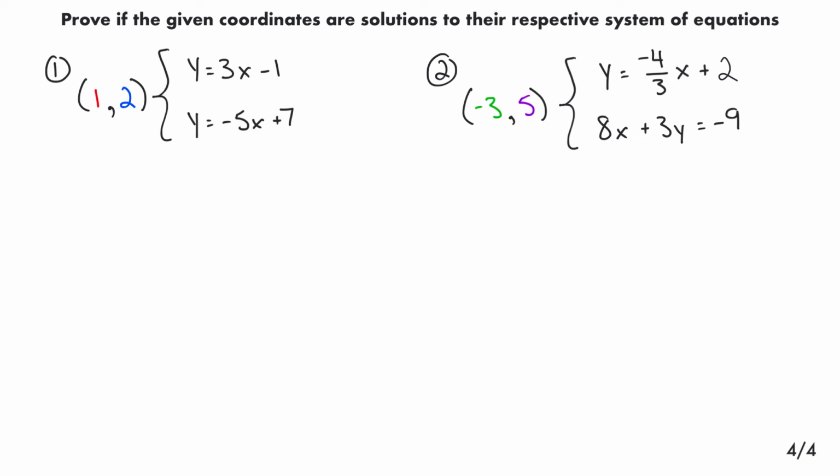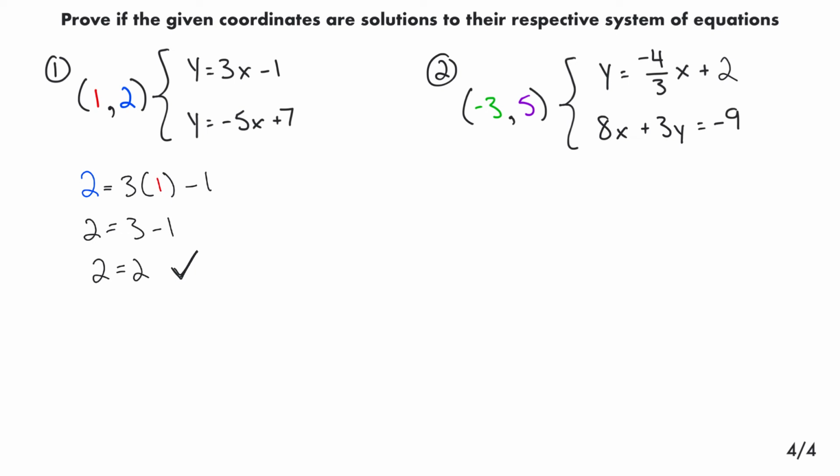I'm going to take that coordinate and plug it into the first equation. 2 is equal to 3 times 1 minus 1. I want to see if this is mathematically true. 2 is equal to 3 minus 1. 2 is equal to 2. It checks off for the first equation.